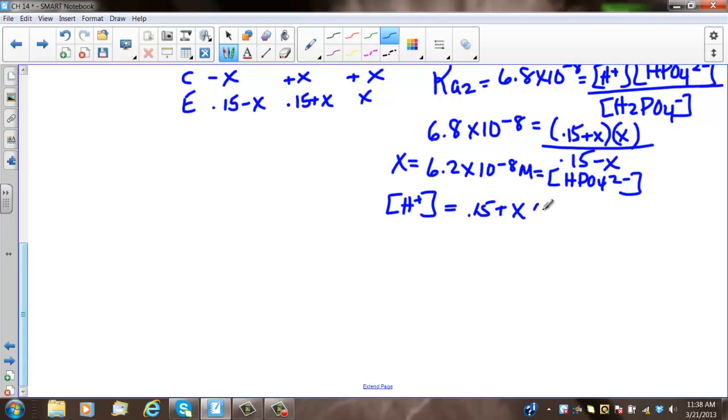So essentially, my H plus concentration stays at 0.15 molar.